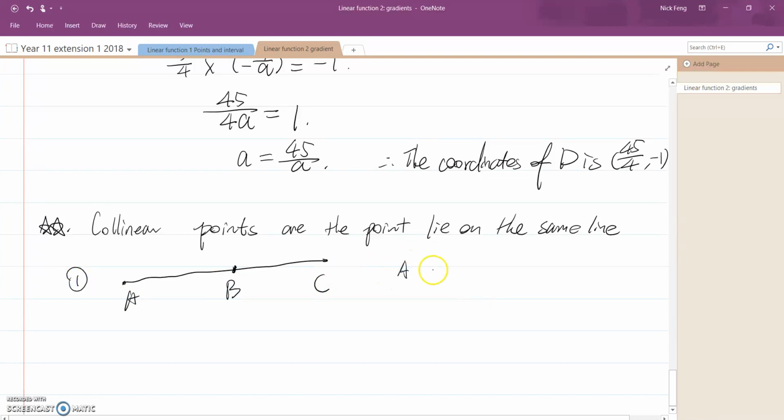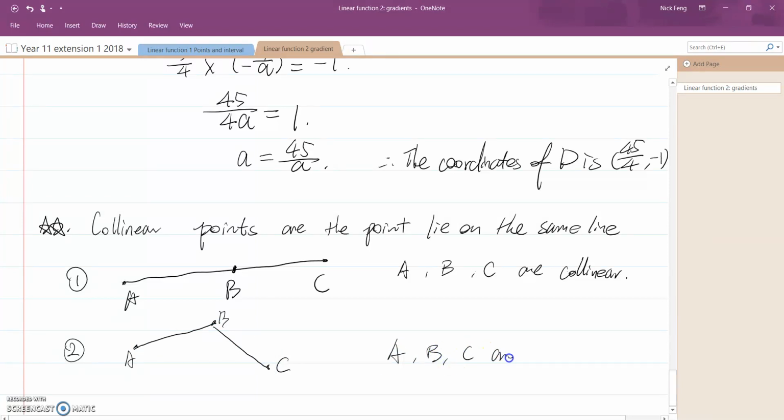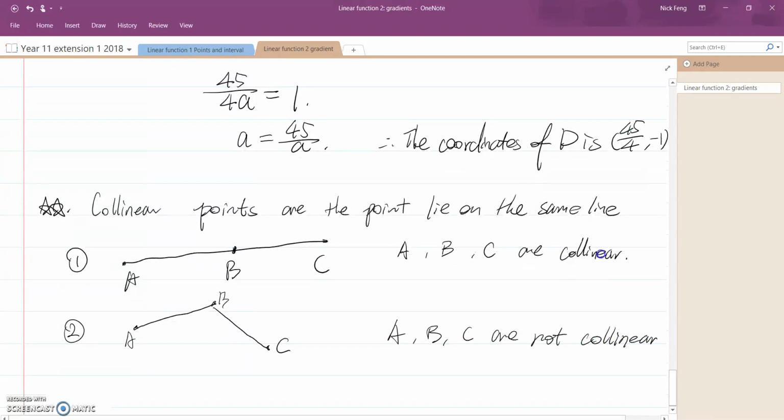So points A, B, C are collinear because they are on the same line. However, if I have point A, point B, and point C in here, that means they are not on the same line. So A, B, C are not collinear because they don't lie on the same line.